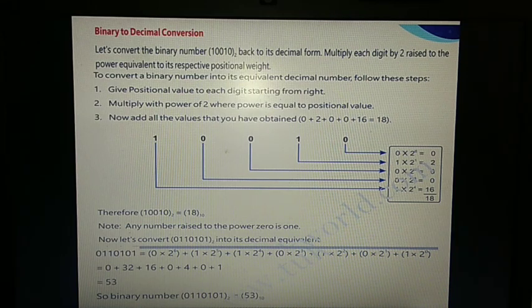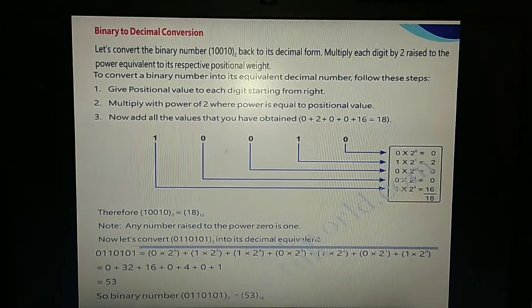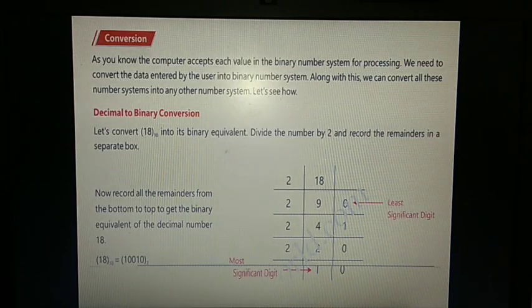Binary to decimal number system. For decimal to binary, what you have done is you divided the decimal number, that is 18, by the number 2. Why 2?